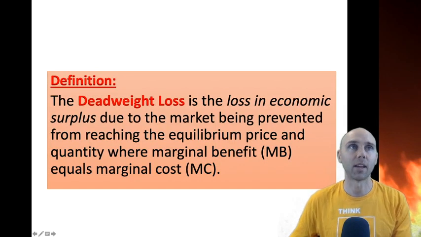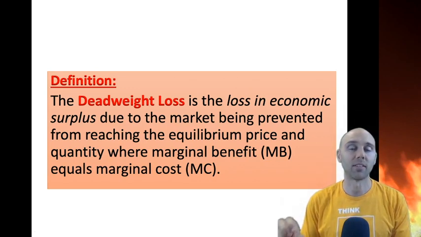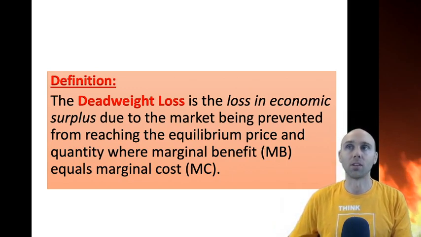Okay, so what is this deadweight loss? Well, it's a loss of economic surplus due to the market being prevented from reaching this equilibrium point that we've seen as the most efficient point, and that's a point where the marginal benefit equates to the marginal cost.